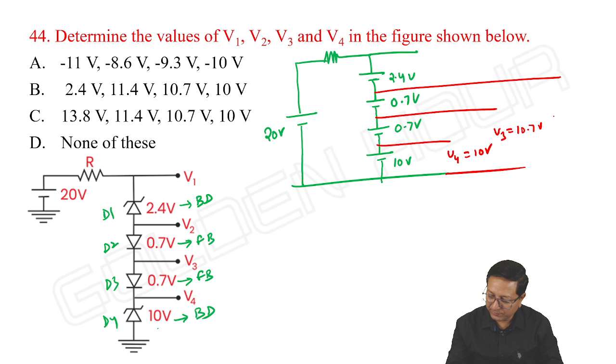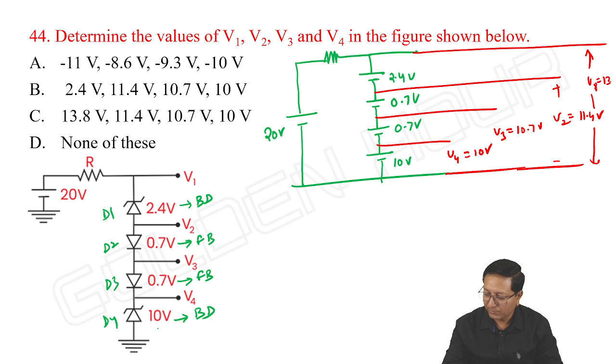Next, V2 is equal to 10.7 plus 0.7, 11.4 volts, and 11.4 plus 2.4 is equal to 13.8 volts. So option A, 13.8. That's it.